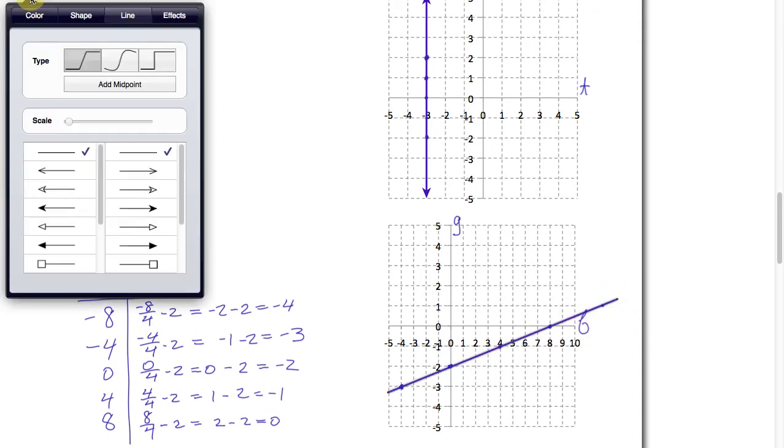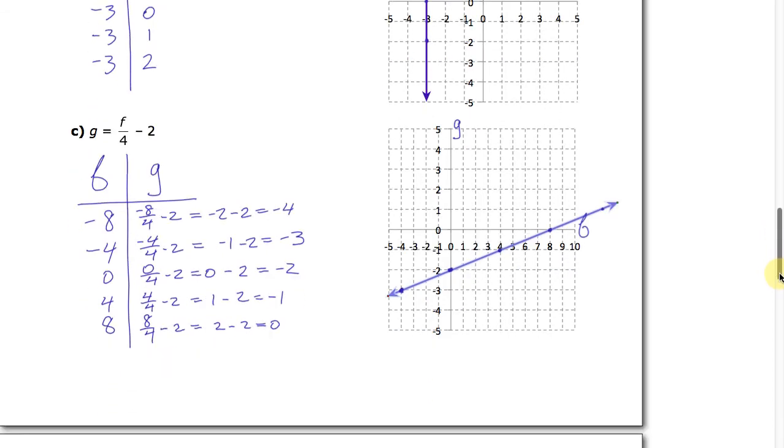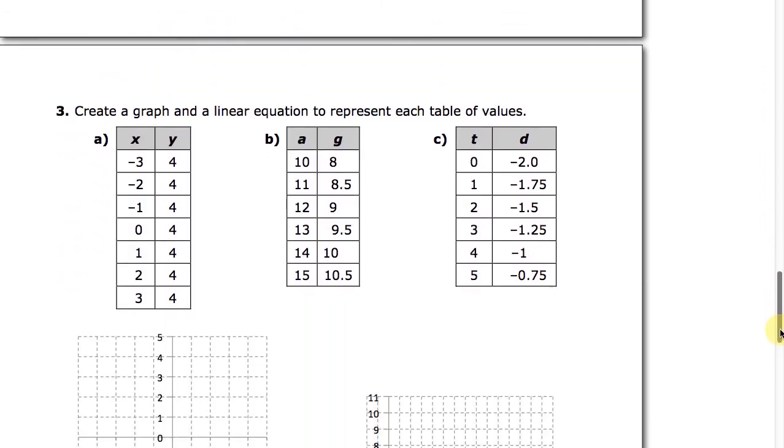And of course, I'm going to put arrows onto both ends just to indicate that this relationship would continue on in both directions from there. And that's that.